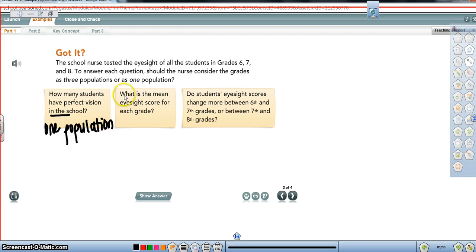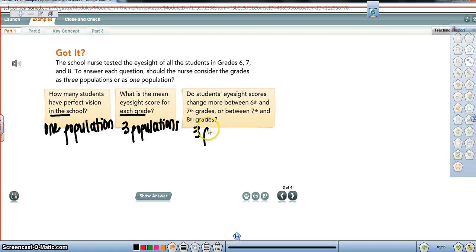What is the mean eyesight score for each grade? If we want to look at each grade and find the mean of each grade, we have to think of the groups as 3 separate populations. So we have to find the mean of 7th grade, find the mean of 8th grade, and find the mean of 6th grade too. Do students' eyesight scores change more between 6th and 7th grades or between 7th and 8th grades?